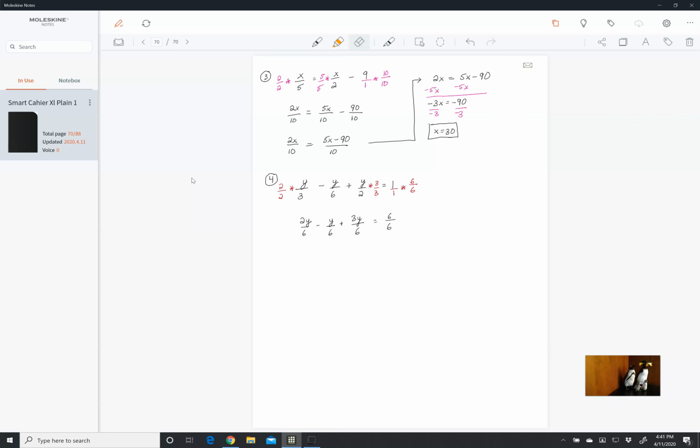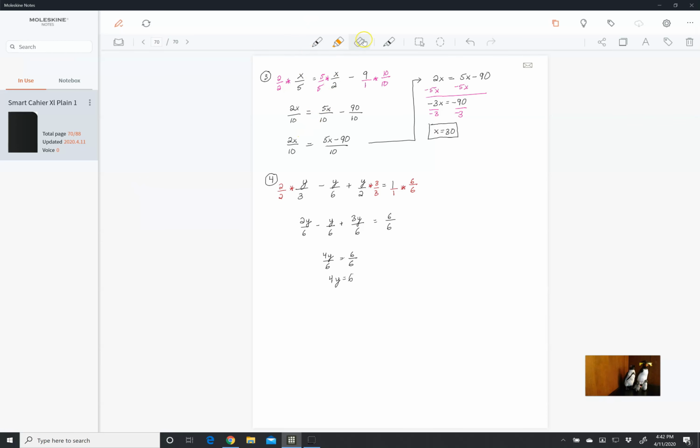6 over 6. Okay, and we can just do all of these at once. 2y minus y plus 3y. So we have a y plus 3y or a 4y. So 4y over 6 is equal to 6 over 6. And at this point, 4y is equal to 6.